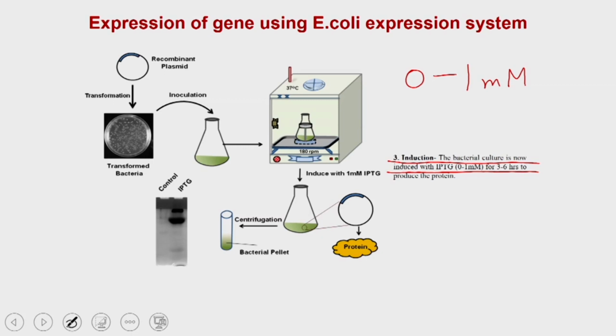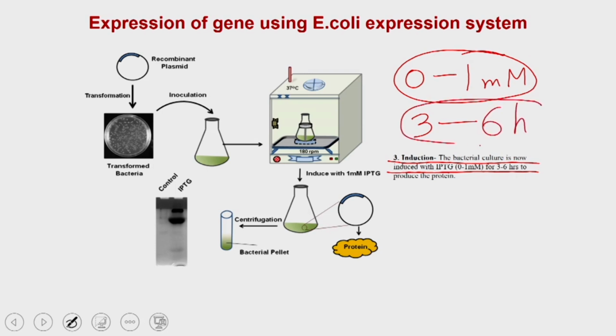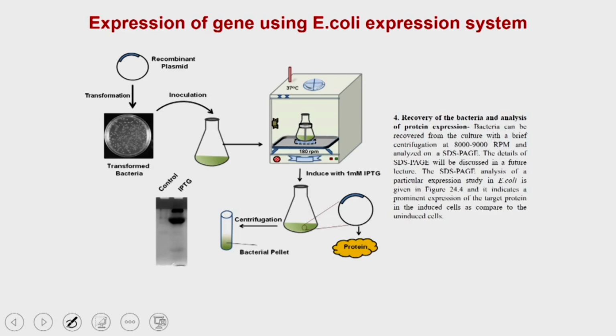You can optimize the IPTG concentration as well as the time of induction. Mostly people use 3 to 6 hours of induction, but this can be optimized for even longer periods. Once you do the induction, the protein will start being produced in these bacteria.